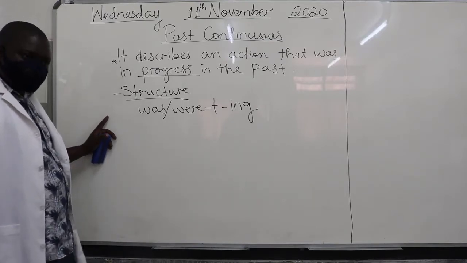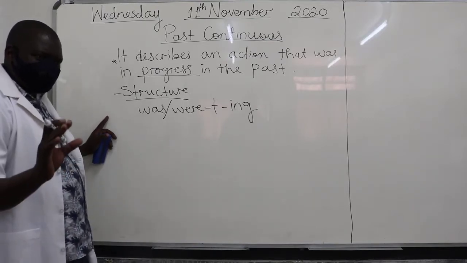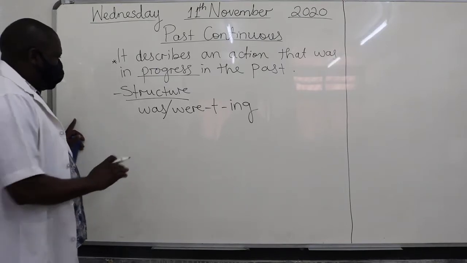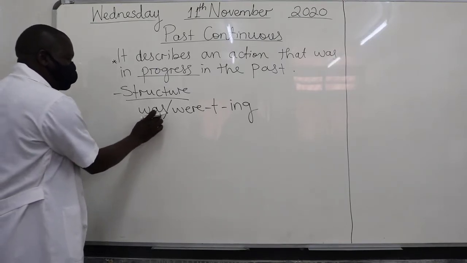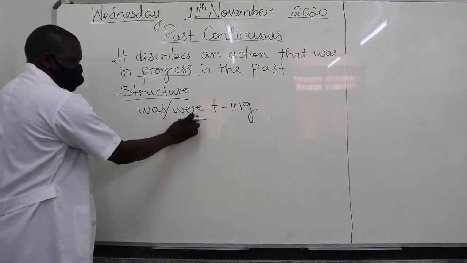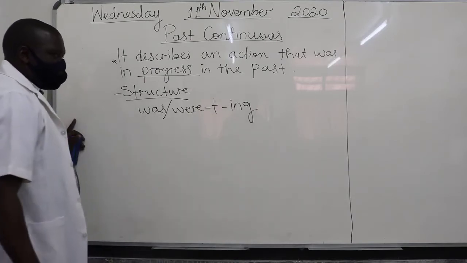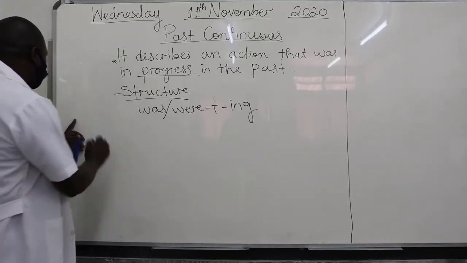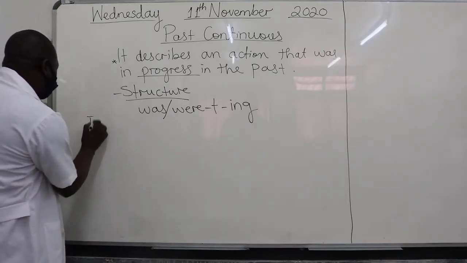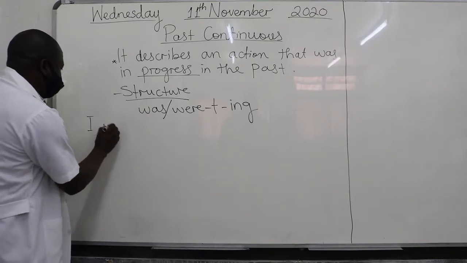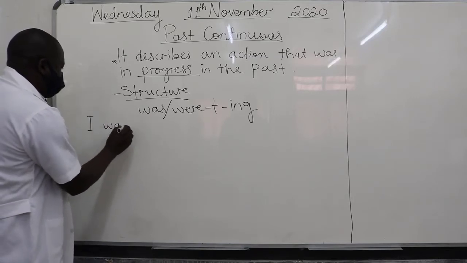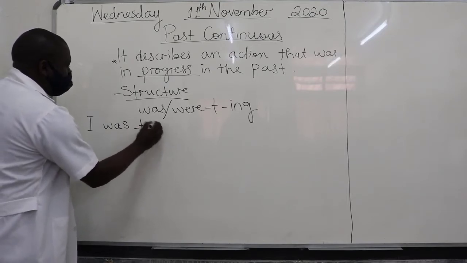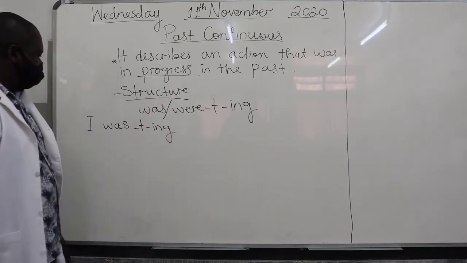However, it depends on the subject pronoun that we use in order to determine whether to use was or were, plus the main verb. For example, with the subject pronoun I, we say I was plus the main verb in gerund form.